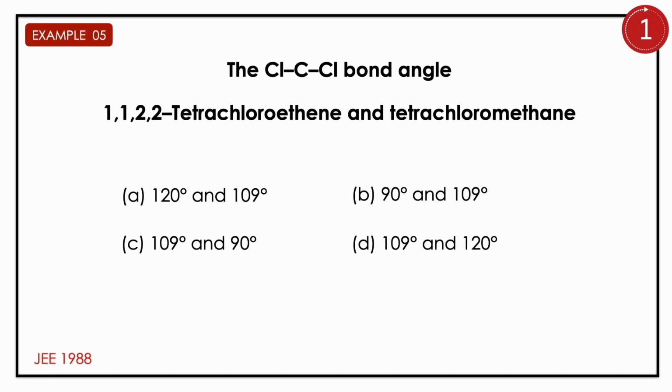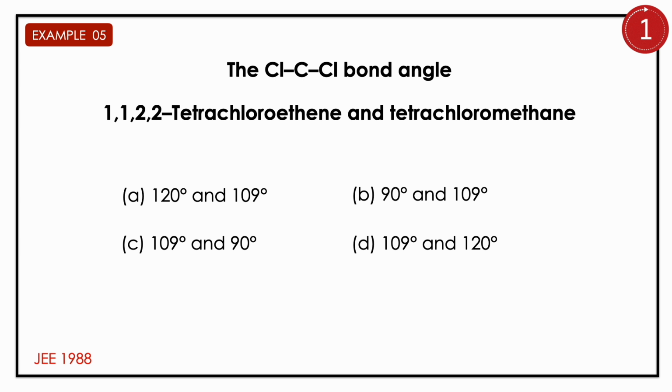Then the next question, the chlorine carbon chlorine bond angle in 1,1,2,2-tetrachloroethene and tetrachloromethane. The choices are given.